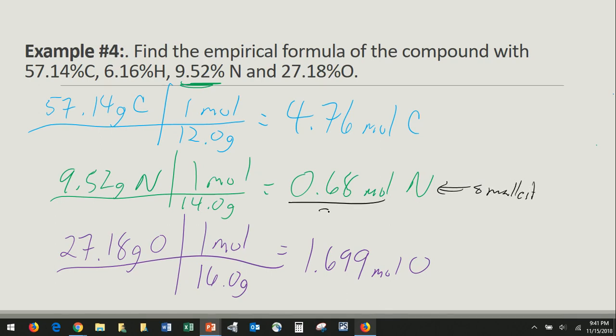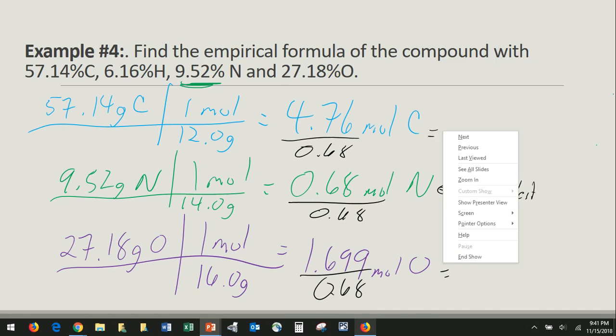So we're going to divide everything by 0.68. And that will always become 1 in that case. The carbon one will become 4.76 divided by 0.68 is 7.